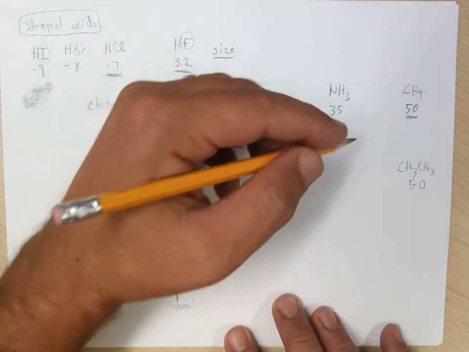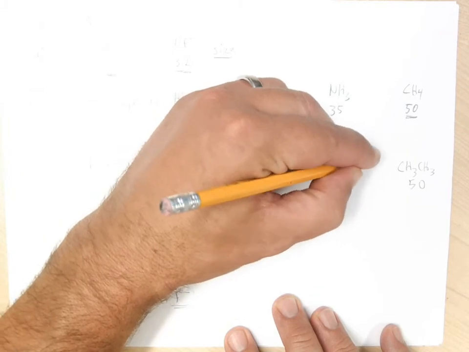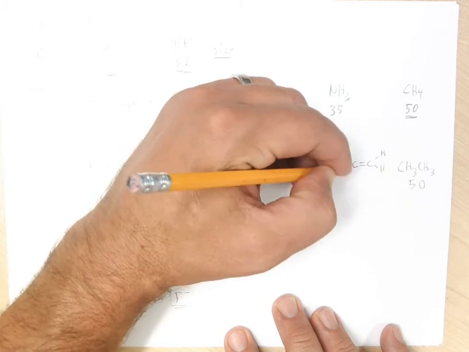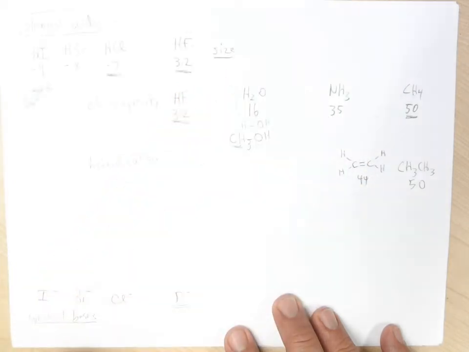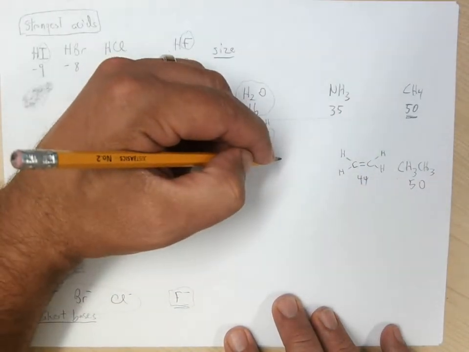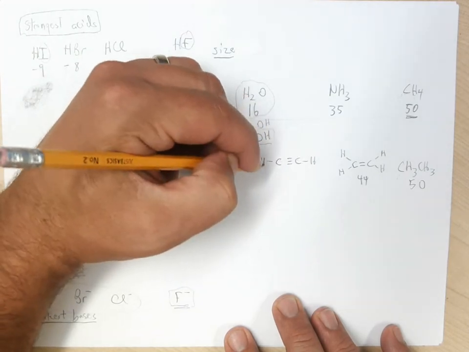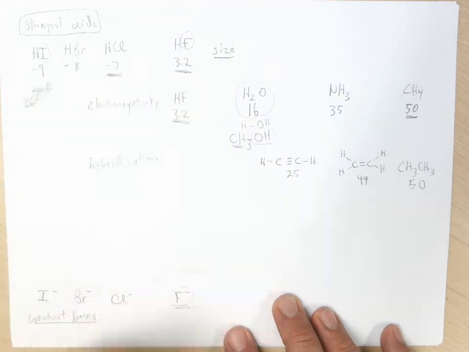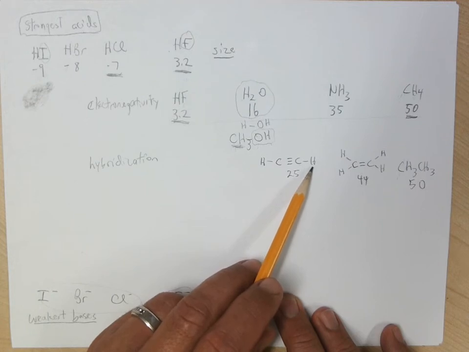And then if I change the hybridization and do ethylene or ethene, we drop the pKa to 44, but then if we go to ethyne or acetylene, we have a pKa of 25.